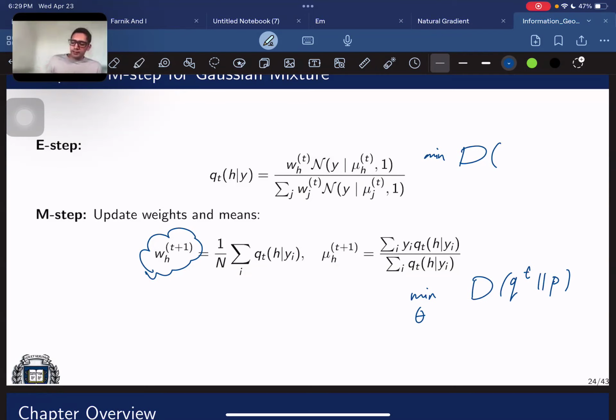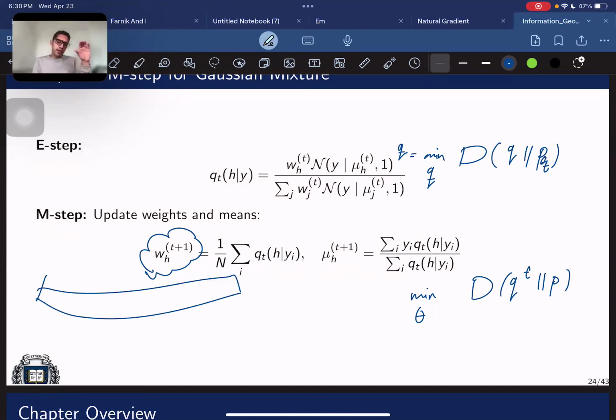And then in the ES step, you're minimizing over all beliefs you could have, given the parameter you got. In this way, you're walking through different geodesics, and at each step you are minimizing the gap between the data distribution and the model distribution. So at the end, you will end up at a local minimum.